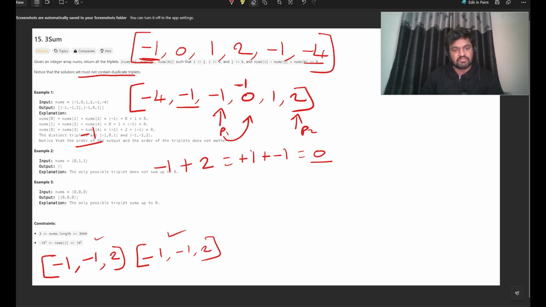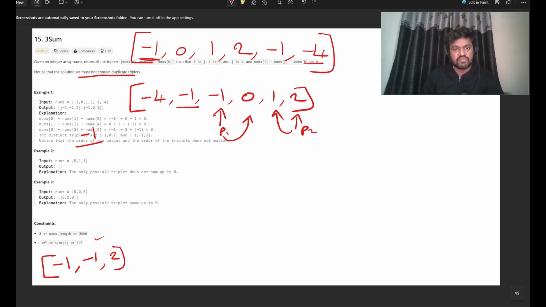So this method will be wrong. So in this case, what we should do is we should move both the pointers as we defined. Okay, p2 should go backward and p1 should go forward.